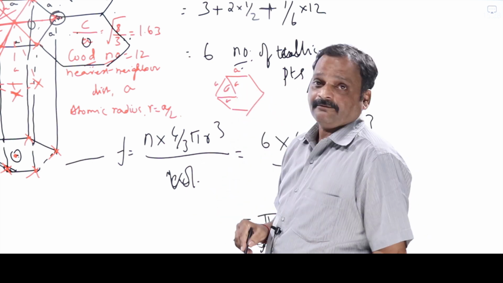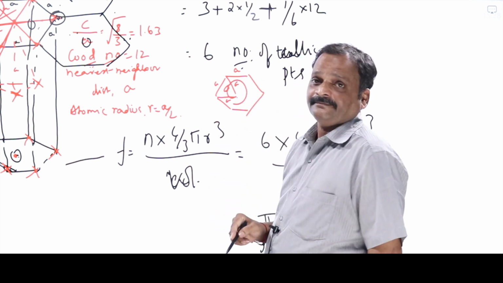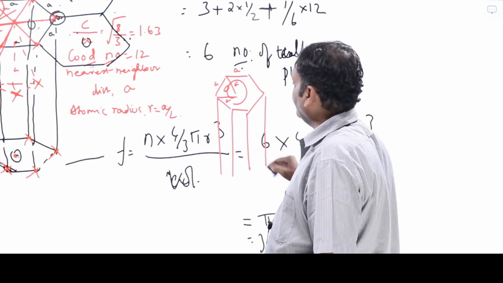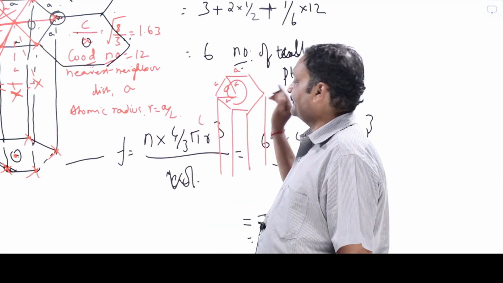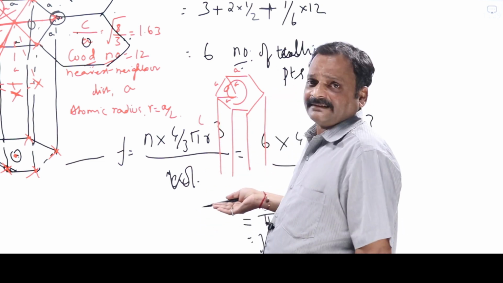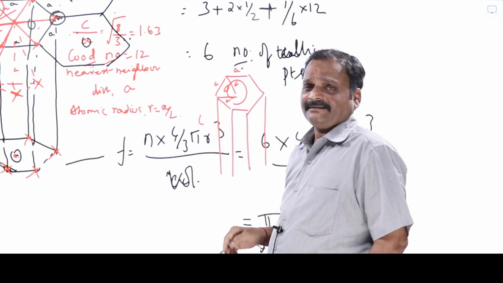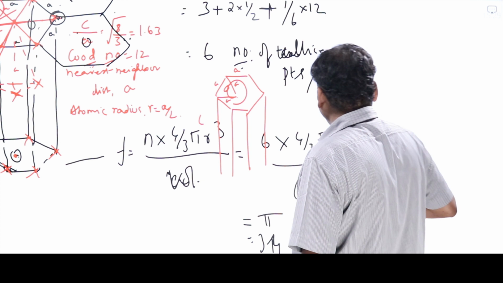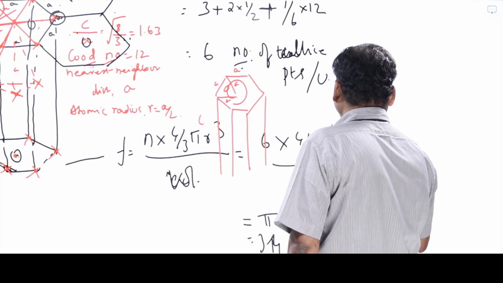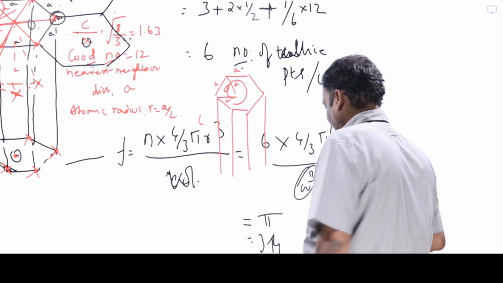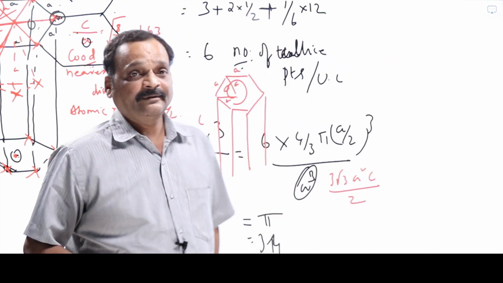Find out the area of the equilateral triangle, multiply with 6, and you'll get the top face area. Multiply by the height of the hexagon, C. So area of an equilateral triangle into 6 into C. What do you get? It is nothing but 3 root 3 A square into C by 2. This is the volume of the hexagon.